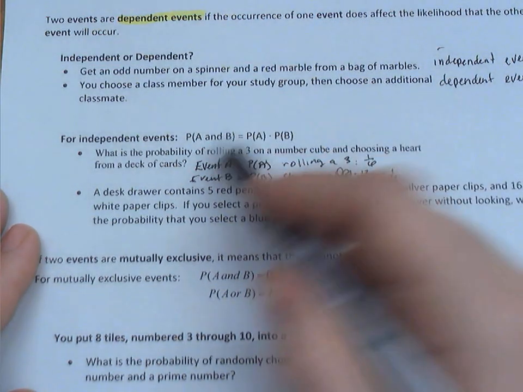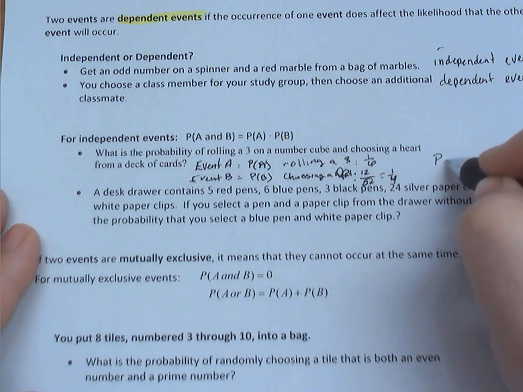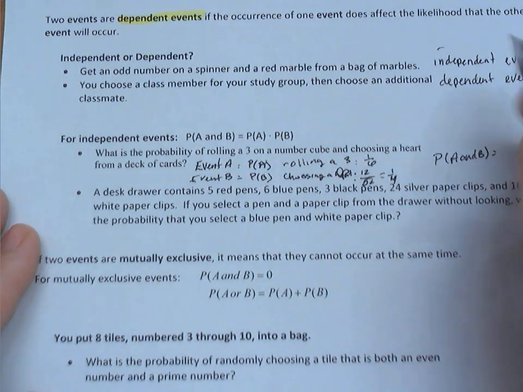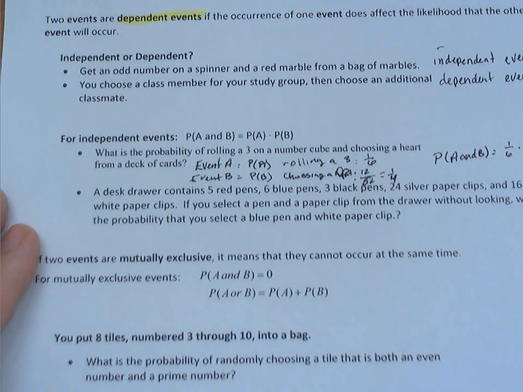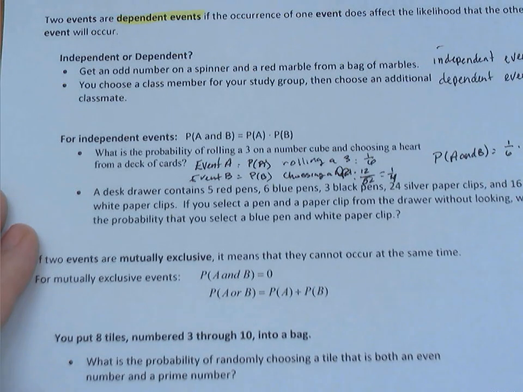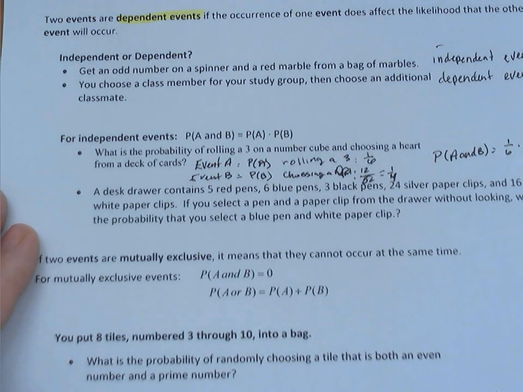To find the probability of both of those things happening, I multiply their probabilities. So 1/6 times 1/4. Multiplying straight across gives me 1/24. So the probability of rolling a 3 and drawing a heart is 1 in 24, or 1/24.